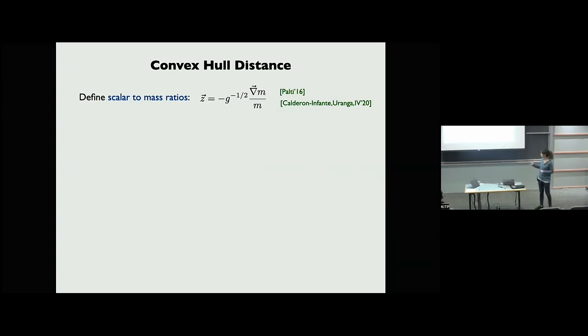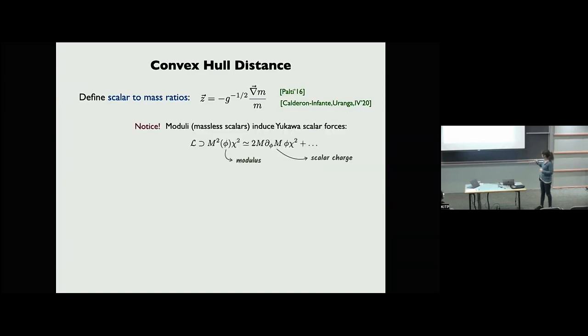And the way it works is that, well, you can define what is called the scalar charge to mass ratio, which is like the exponential rate when we have this exponential behavior of the mass. This is the gradient of the mass over the field space. It's called the scalar charge to mass ratio because, in fact, if you have some massless scalar, they induce some Yukawa force in your theory, and the charge under this force is the derivative of the mass.